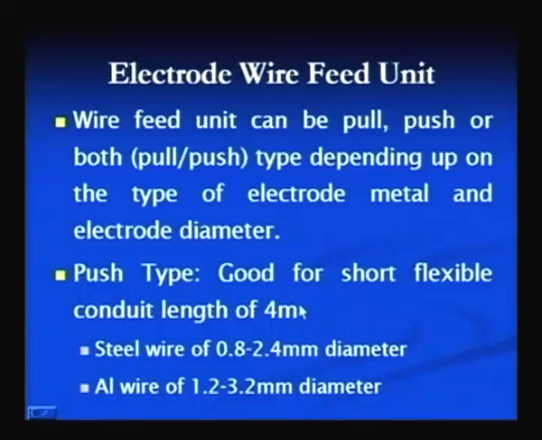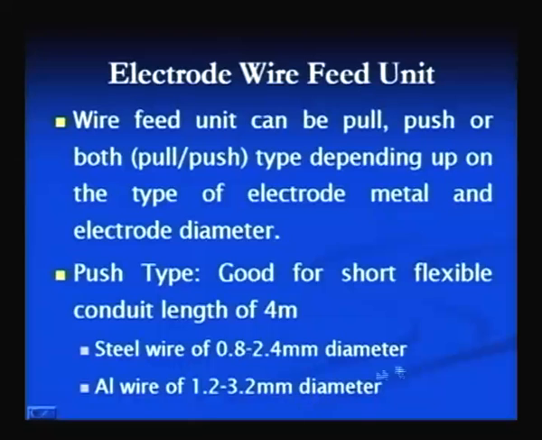So, here if the conduit length is limited up to 4 meter, then the push type of wire feed unit is good, and particularly this is used when steel wires are used as filler electrode of diameter in the range of 0.8 to 2.4 mm, and aluminum wires of 1.2 to 3.2 mm in diameter.